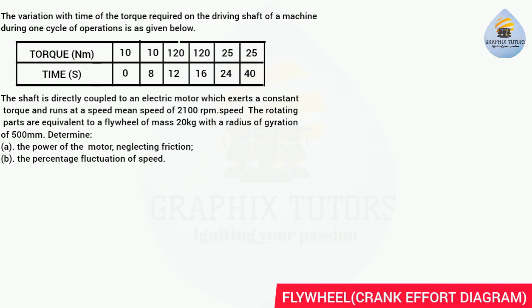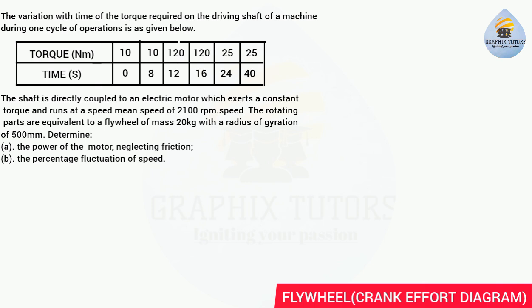The rotating parts are equivalent to a flywheel of mass 20 kg with a radius of gyration of 500 mm. Determine A. The power of the motor neglecting friction. B. The percentage fluctuation of speed.